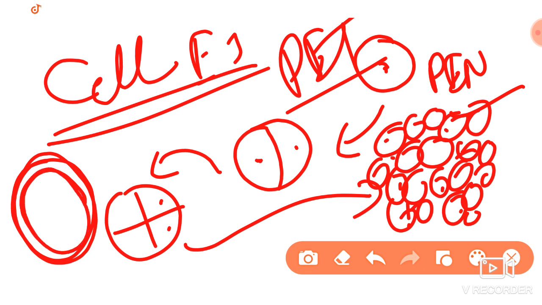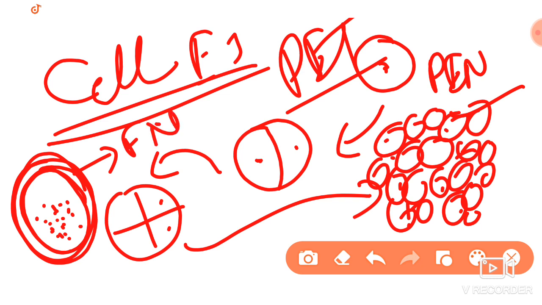That white portion is cellular endosperm, and in the middle we can find the water. This water is free nuclear endosperm, not cellular.